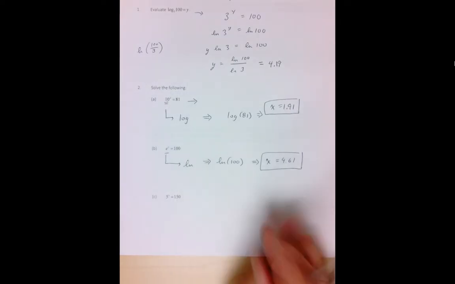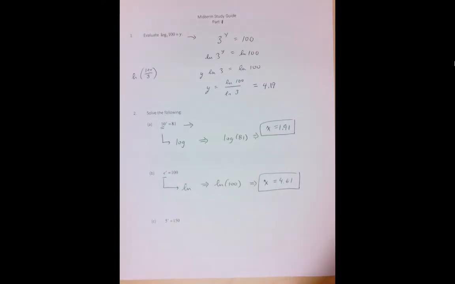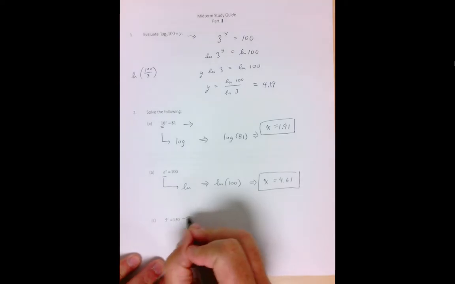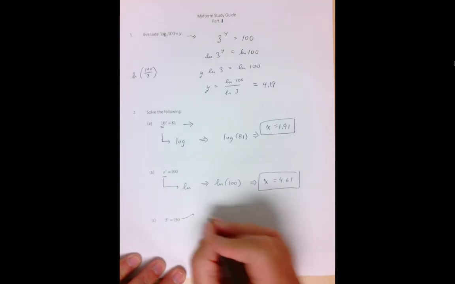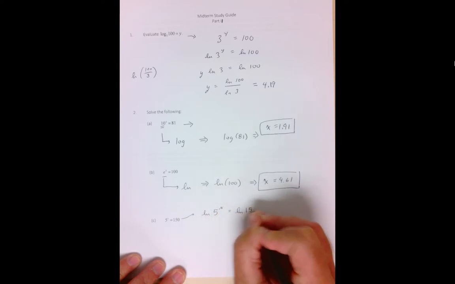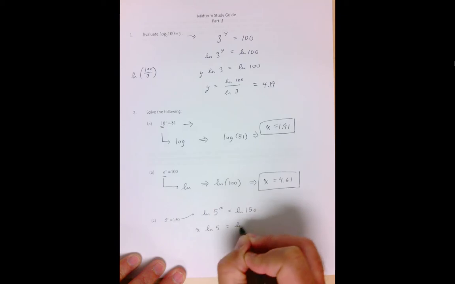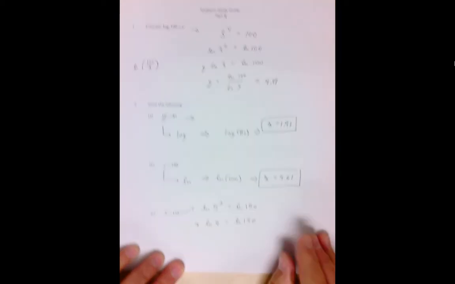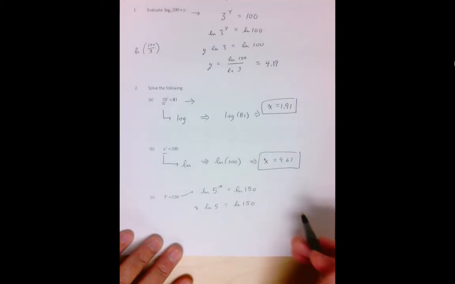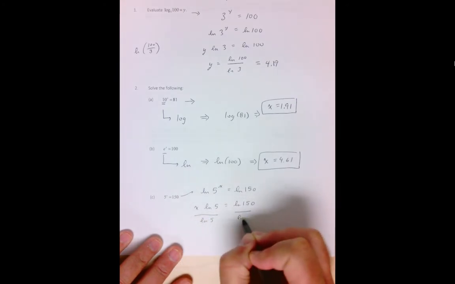But the other types of problems we run into is when we have a base other than 10 or e. So guys, what we do here is the change of base theorem. We're going to take the natural log of both sides. Just like before, bring your x up front, because I expect y'all to be able to do this when you get on your midterm. Divide both sides by the natural log of 5.